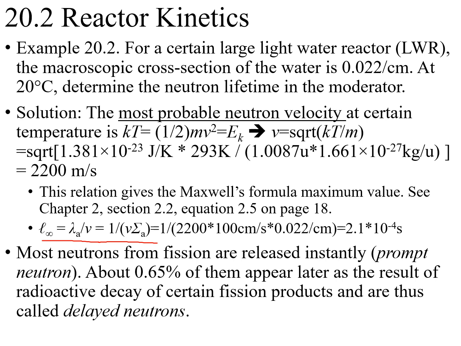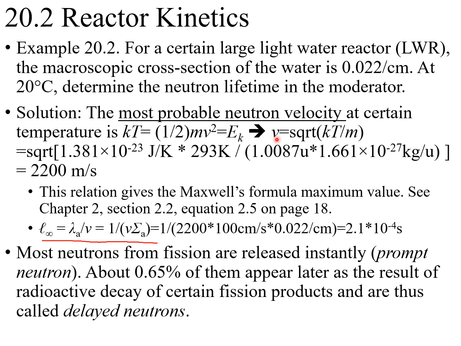So the most probable neutron velocity can be calculated in this way. We have kT, where k is the Boltzmann constant and T is the temperature, equal to the kinetic energy of the neutron. The kinetic energy is 1/2 m v squared. Then we solve for v.